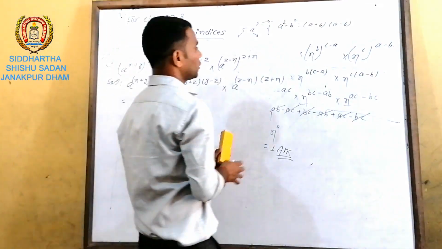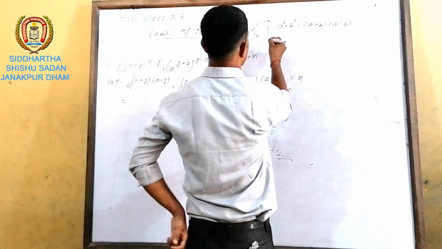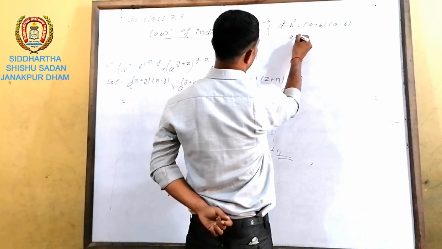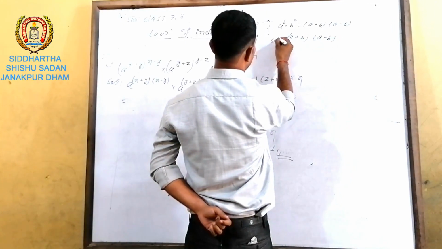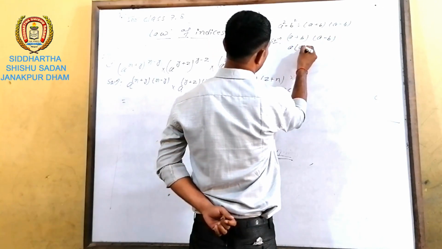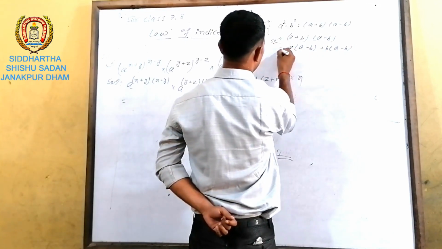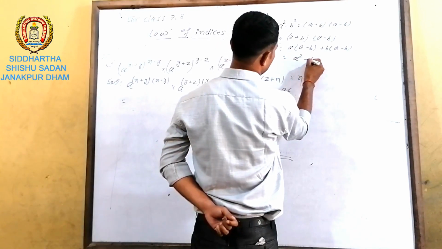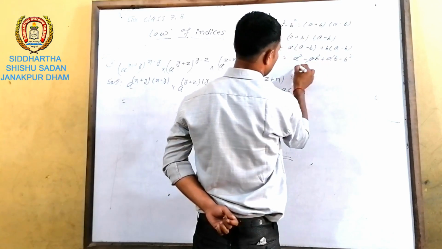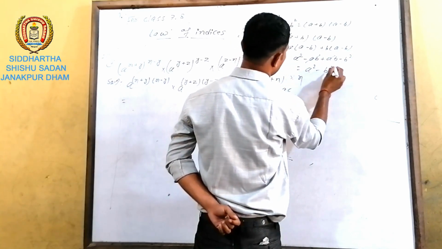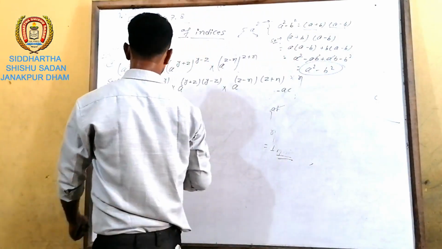We can derive this formula also. Multiply (a plus b) by (a minus b): a square minus ab plus ab minus b square. So (a plus b)(a minus b) is equal to a square minus b square.